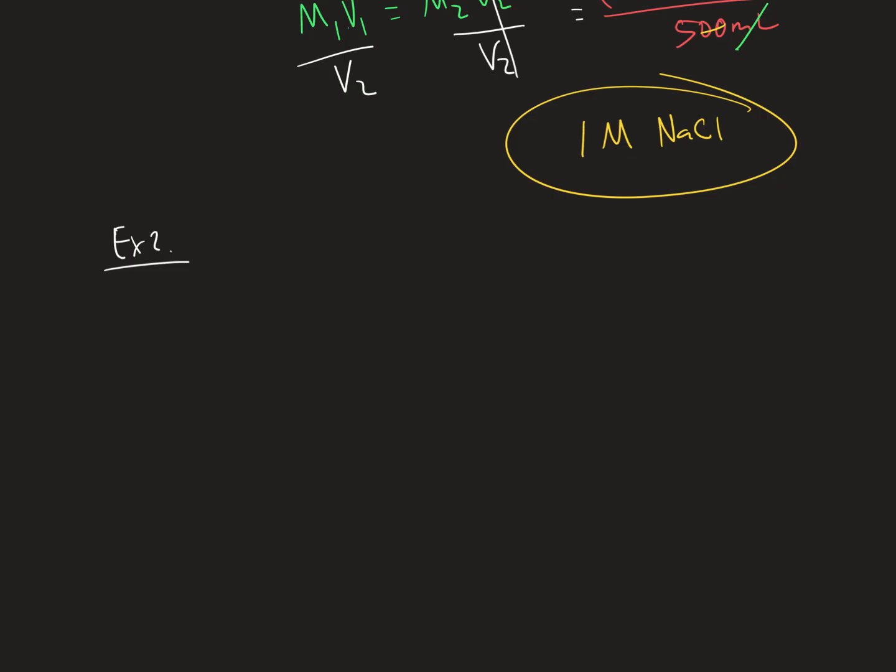So what we do instead is we buy a bottle of 12 molar concentration of hydrochloric acid. High concentration, then we just pour a little bit in and we fill the rest up with water. You with me? And we can make whatever concentration we want. So that's what we start with.